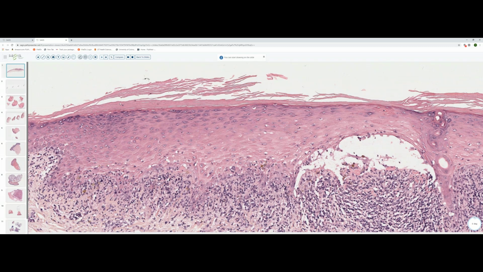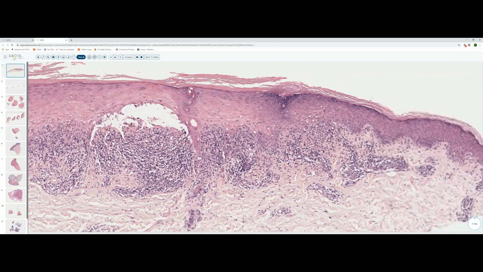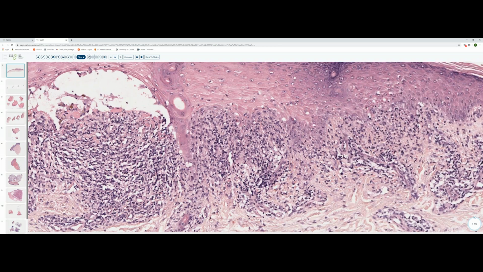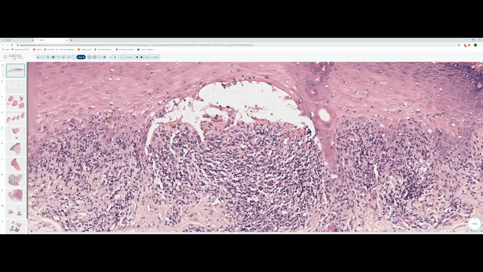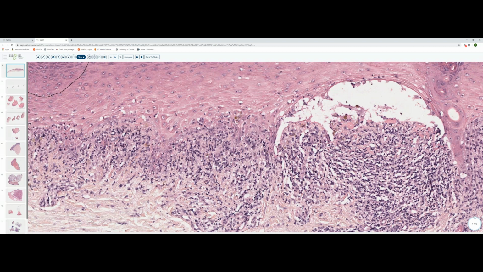There are zones of somewhat wedge-shaped hypergranulosis across the biopsy specimen. There is a band-like infiltrate of lymphocytes, which obscures the dermal epidermal junction.